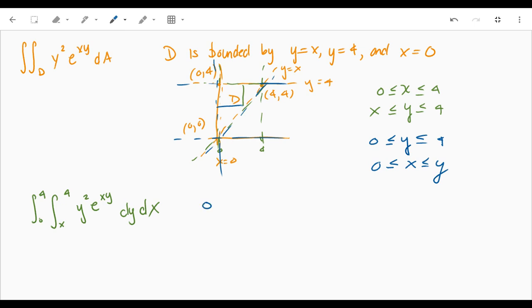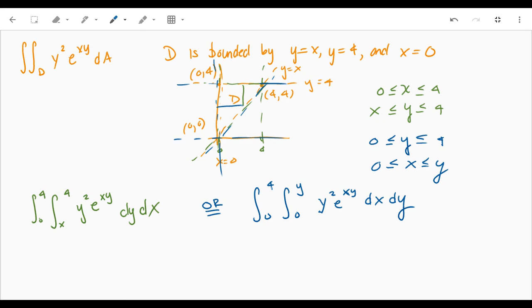So our other option is to do the integral from 0 to 4, integral 0 to y, of y squared e to the xy, dx dy. Okay, so take a look at that and decide which one you want to do.